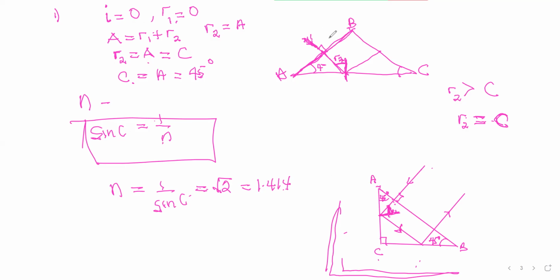So this time the refracting angle is 75 degrees. It passes through the prism.